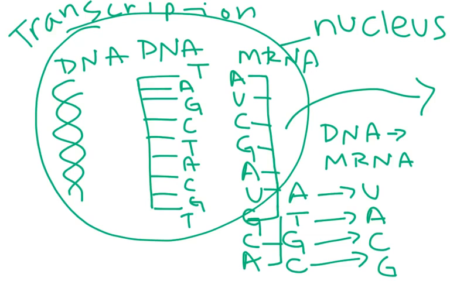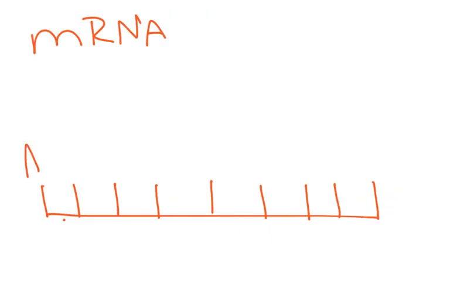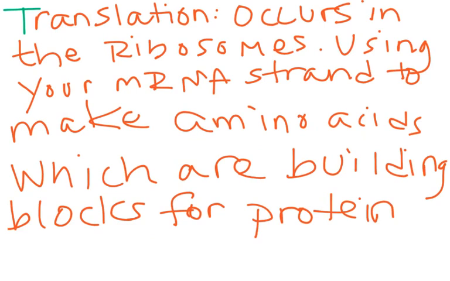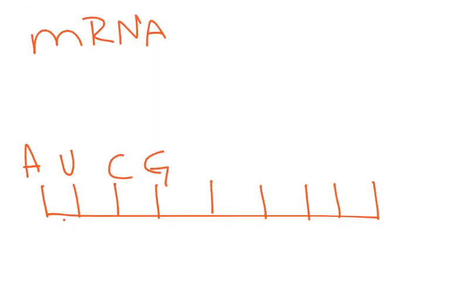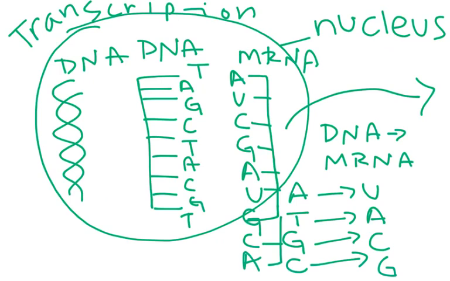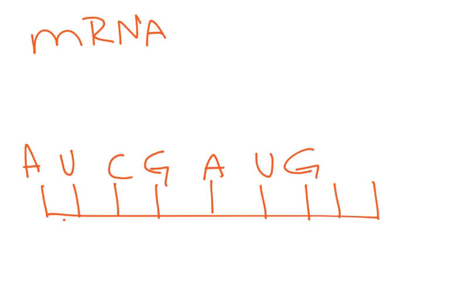And let's see, it was AUC, GAU, and then GCA. Alright, so when you get into your ribosomes, because we're dealing with translation, this is translation still.